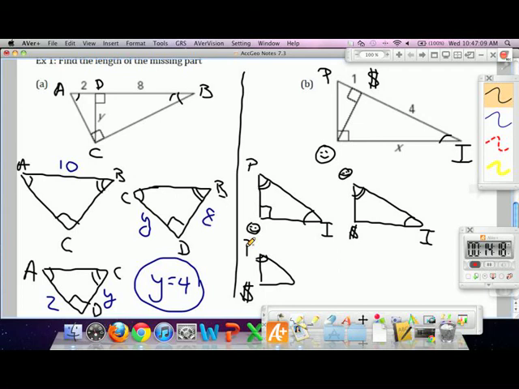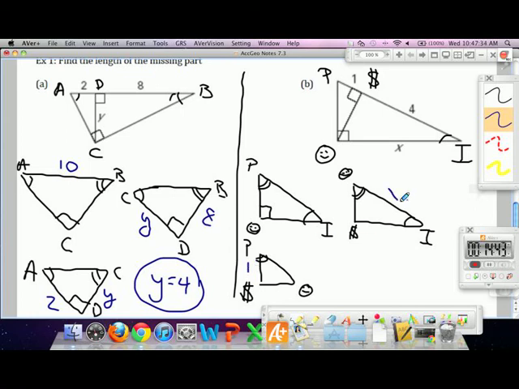Great, non-traditional here. It doesn't really matter what those labels are, because now we'll fill in the numbers we know. So P to dollar sign is 1. Smiley face to I is x.